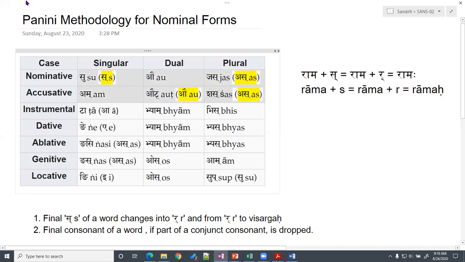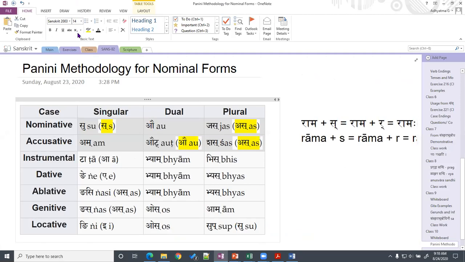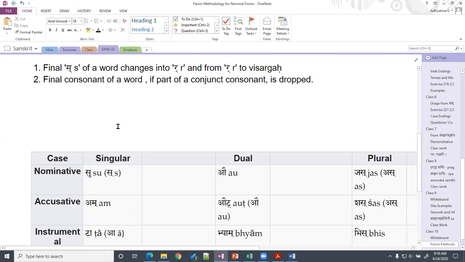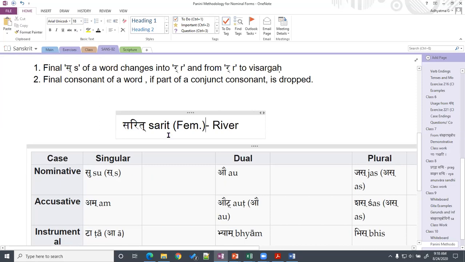So I'll just remove these highlights because this doesn't serve any purpose here for us. So I'll take this word Sarit. It's a feminine noun ending in takara, and it means river.